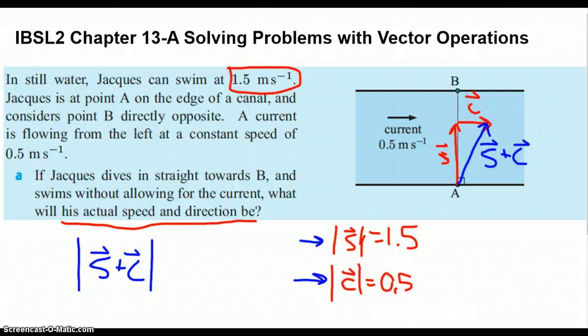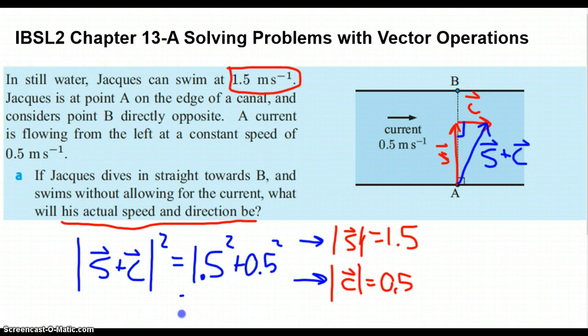Alright, so how would we go about doing that? Well, you'll notice because our current is flowing left to right and he's trying to swim straight across, this forms a right triangle. And we can consider the Pythagorean theorem if we look at the magnitudes of those sides. So this magnitude squared is going to equal 1.5 squared, our swimming vector squared, plus 0.5 squared.